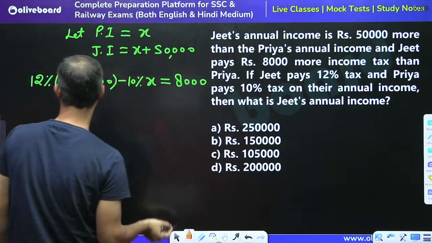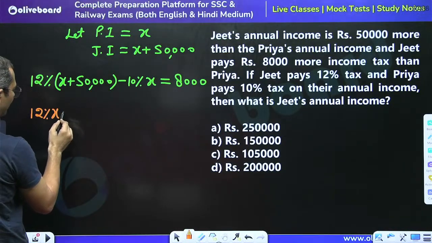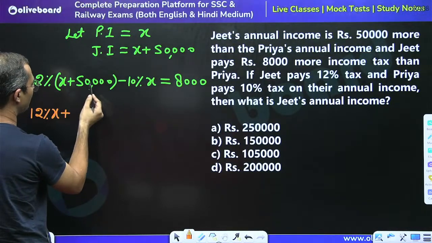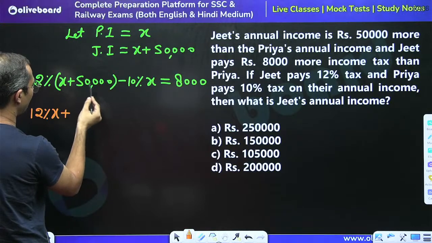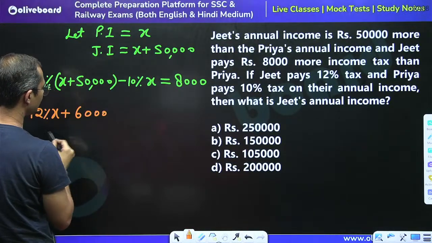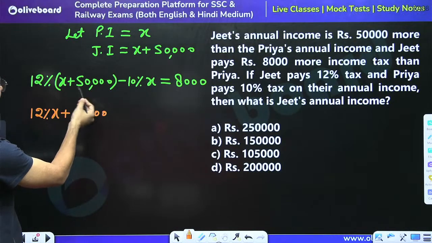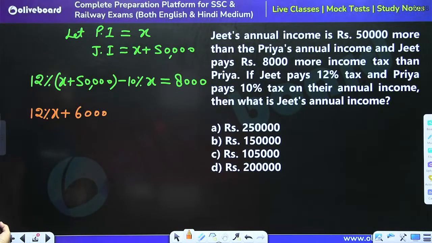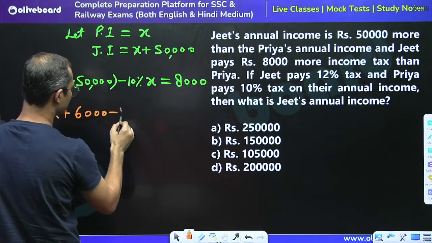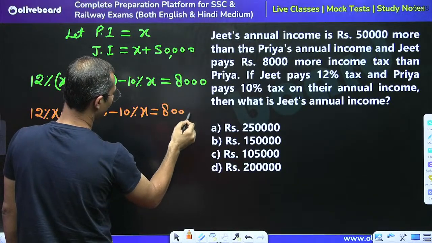After solving this, we will get 12% of X plus 12% of 50,000. 12% of 50,000 we will get 6,000, right? By percentage, two zeros are cancelled and 500 into 12. So 6,000 minus 10% X is equal to 8,000.